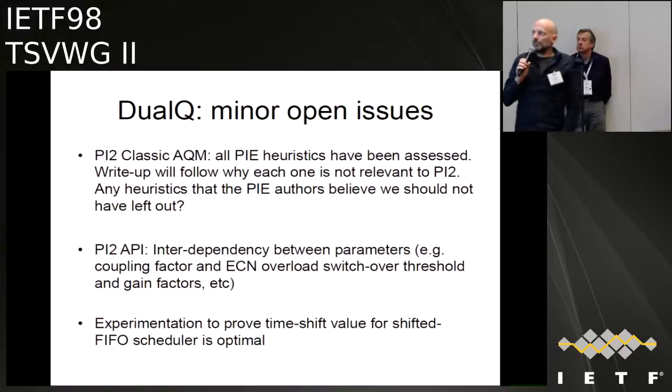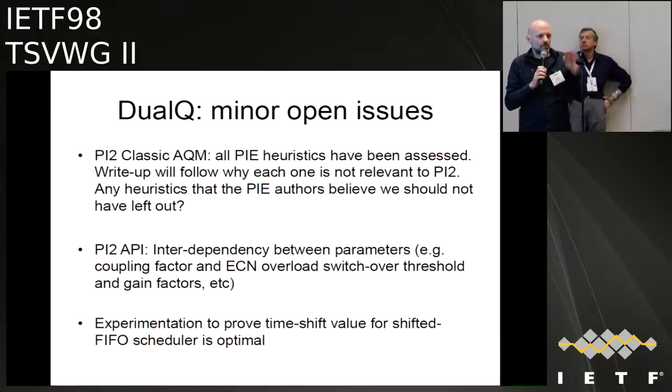There are a few minor open issues. I think they can be handled reasonably quickly, and they are ongoing. There is the pi square classic AQM. All pi heuristics have been assessed for that, because pi enhanced has quite some extra heuristics, not only the auto tuning, but quite a lot of other things in the drafts and in the Linux implementation.